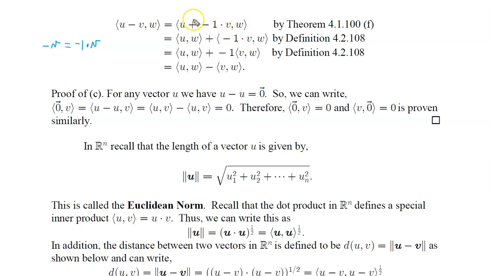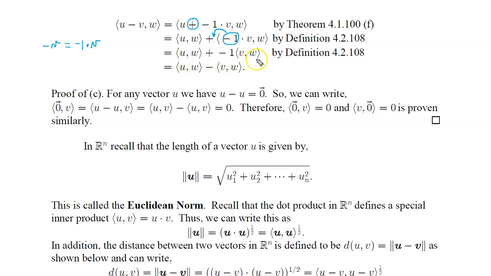Now we can apply the distributive property with respect to this plus right here. So we get that this is equal to the inner product of u, w plus the inner product of -1 times v, comma w. Now we can move this -1 in front of the inner product. That is a property that inner products have.